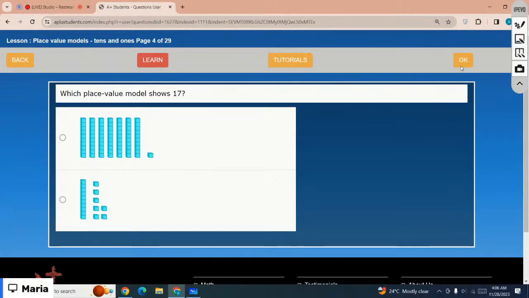So the second option is the correct option.